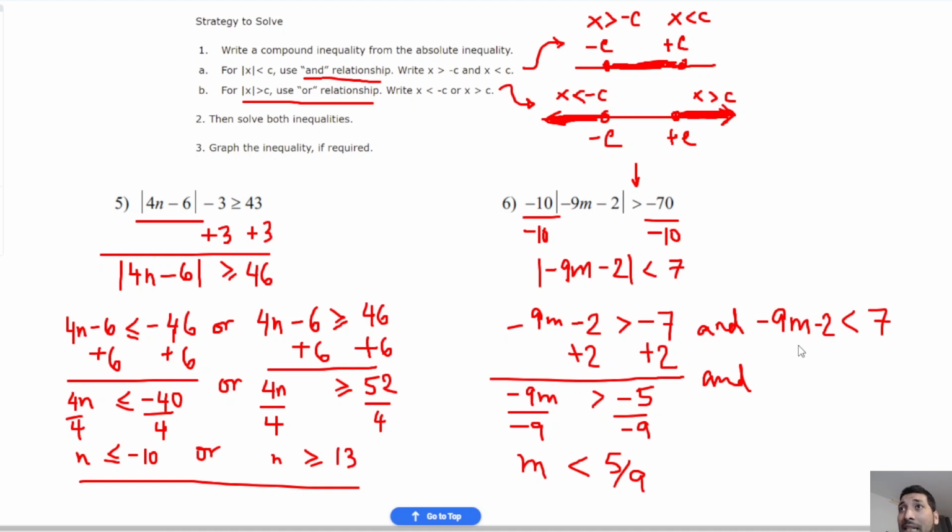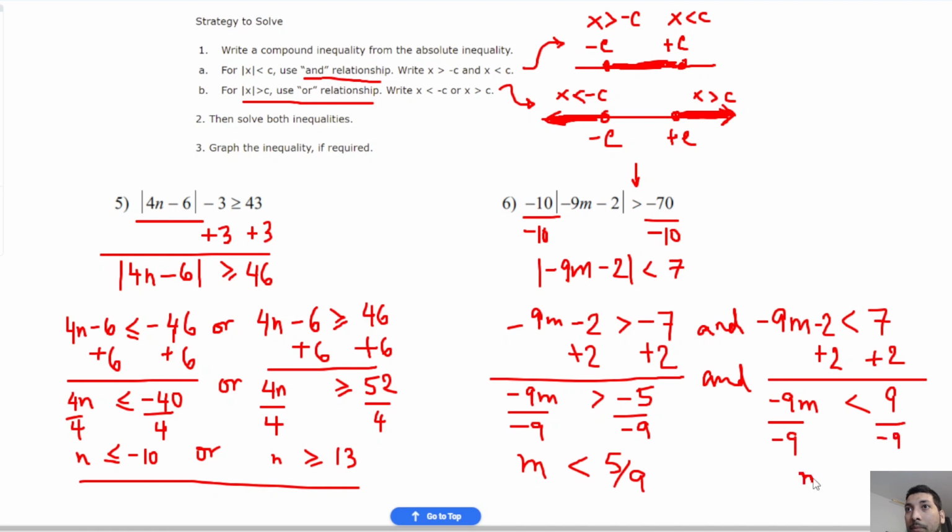And here we have -9m minus 2 less than 7. Add 2 on both sides. Adding 2, we get -9m less than 7 plus 2, that is 9. We divide both by -9.